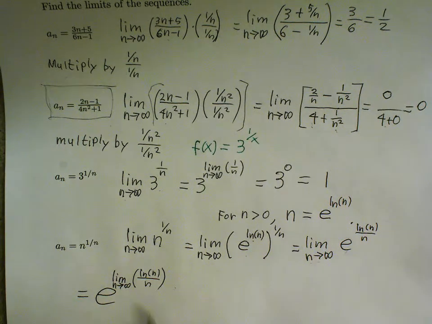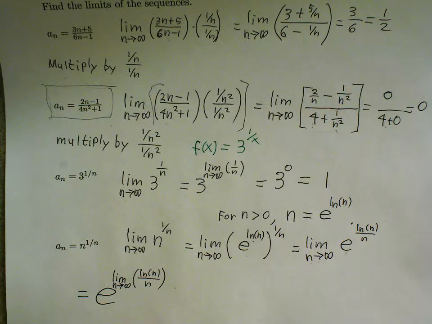If you let n go to infinity, what do we get? Or what's the limit of the natural log of n over n as n goes to infinity? Infinity over infinity. So we can apply L'Hopital's rule to the natural log of n over n.